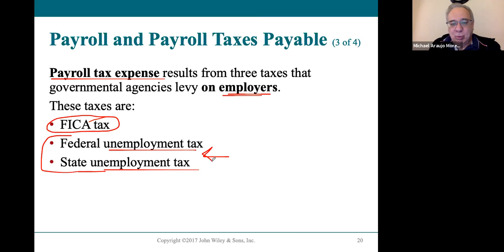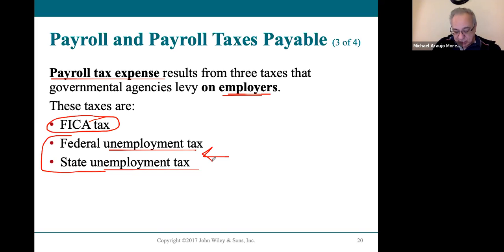This is a tax on employers for contributing into this insurance pool, because that's basically what it is. And so as people need to claim unemployment, the state has money to pay that benefit to unemployed folks.